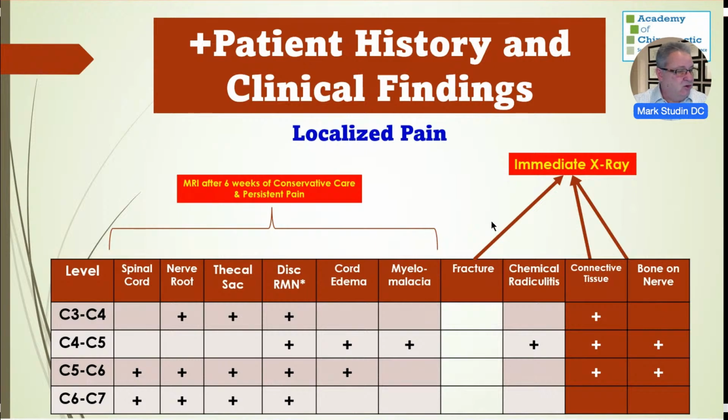And also when you're treating your patient, despite the irresponsible actions of the people telling you not to, the Choose Wisely program, not to take x-rays immediately, how do you know what's there? How do you know if there's a fracture? Well, hopefully you'll know there's a lot of pain. How do you know if there's a connective tissue pathology? How do you know if there's bone on nerve?